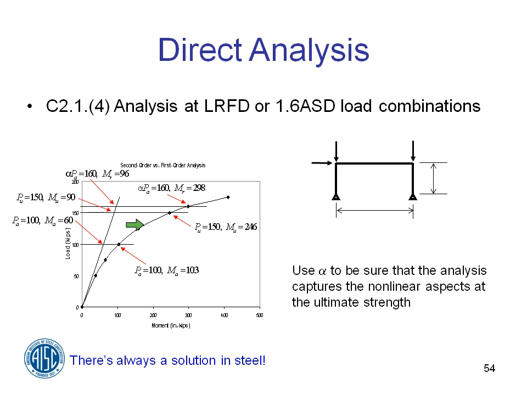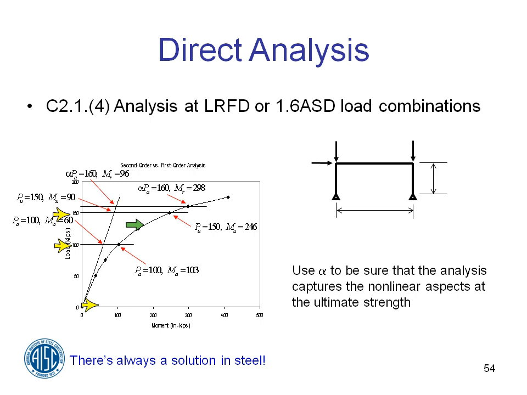So if we analyze the structure for a load of 100 kips right here, and we do a first order analysis, we're going to get a moment of 60 foot kips. That's that part right there. If we analyze it for 150 kips right here, we're going to get a moment of 90 foot kips. That's a first order analysis following that straight line.